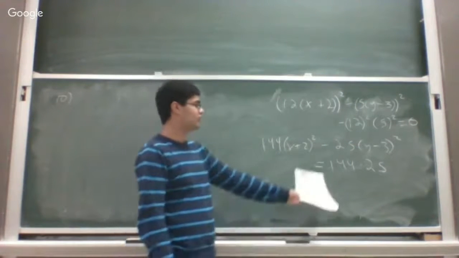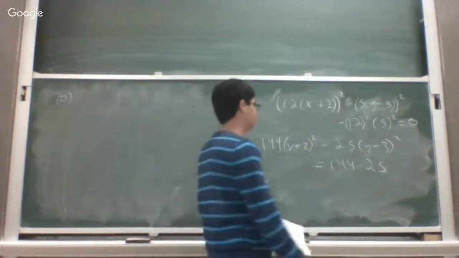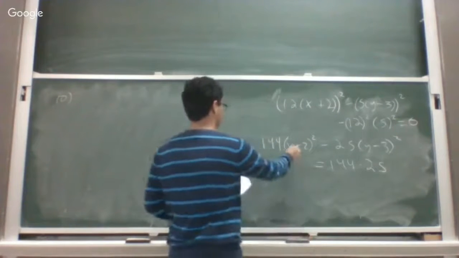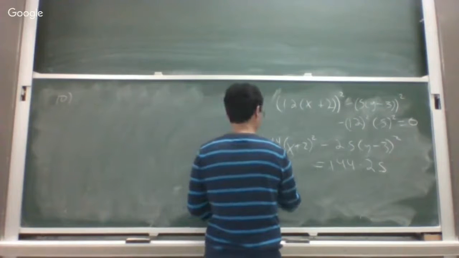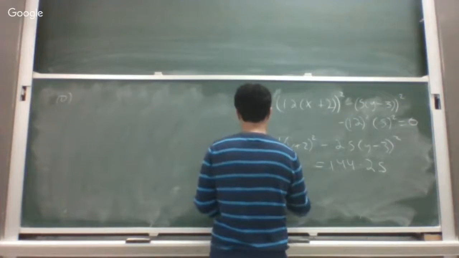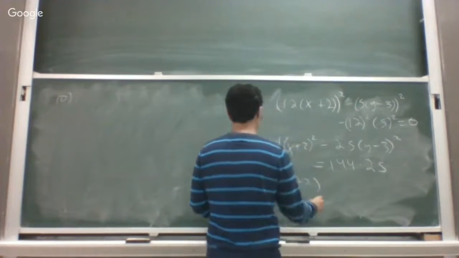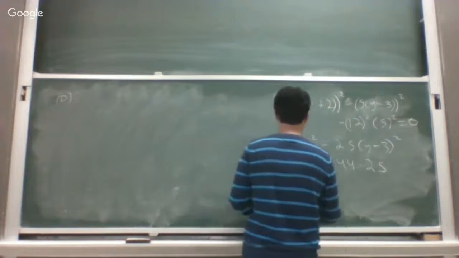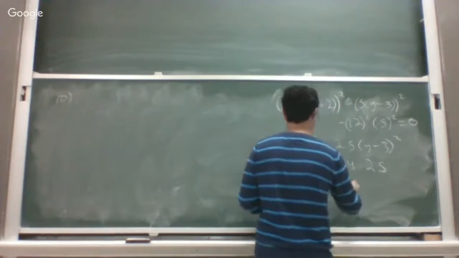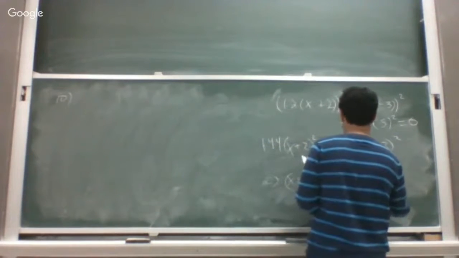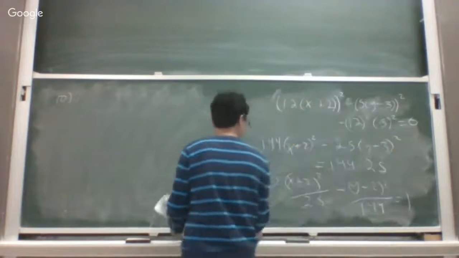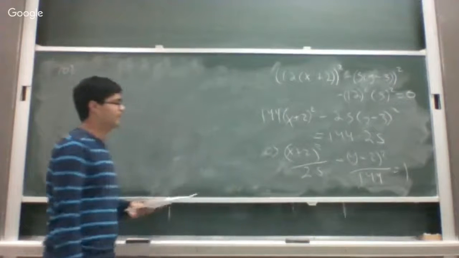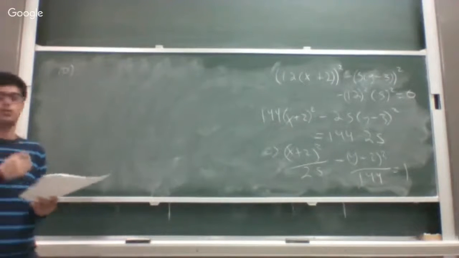You always try to get it equal to a 1, by dividing by 144. So this ends up being (x plus 2) squared divided by 25 minus (y minus 3) squared divided by 144 equals 1. You guys good with that?